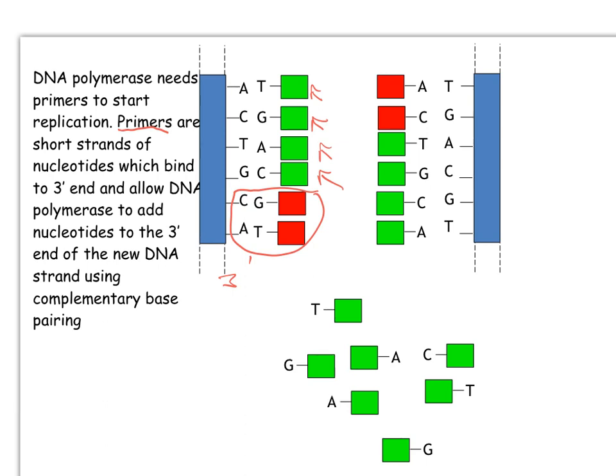And you'll see the same sort of thing happening on the other strand, although we'll look at that in more detail just shortly. And the primer's added and the nucleotides are added, the complementary nucleotides are added by the DNA polymerase. And you need to remember that hydrogen bonds will form between these complementary base pairs.